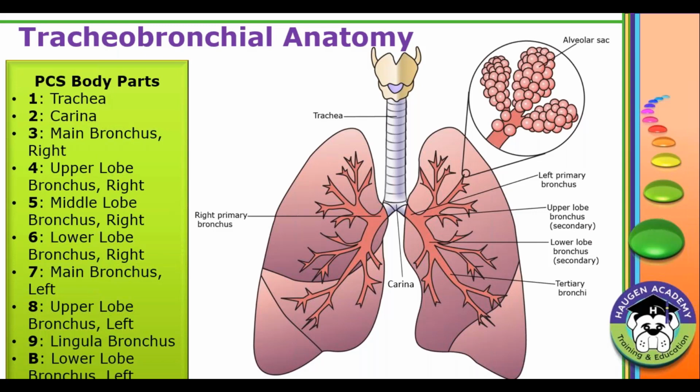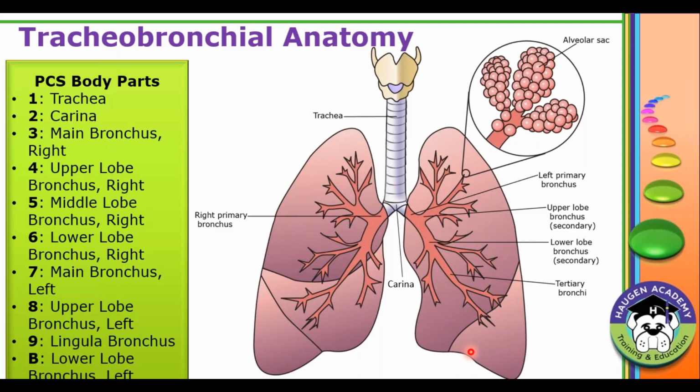If you look at the anatomy here, you see we've got the trachea, the windpipe, which is dividing into the main bronchi, and then the lobes of the lung, where the bronchi enter the lung, then you have different lobes as well.